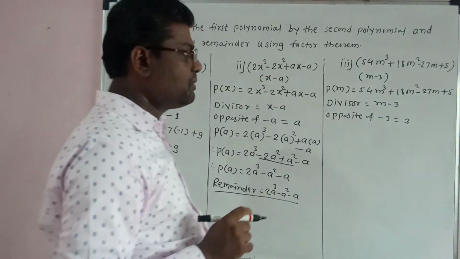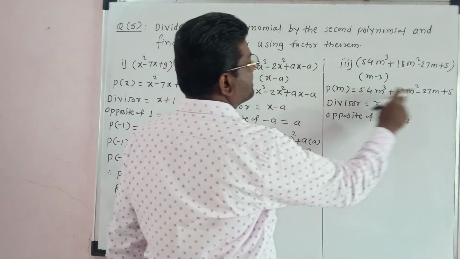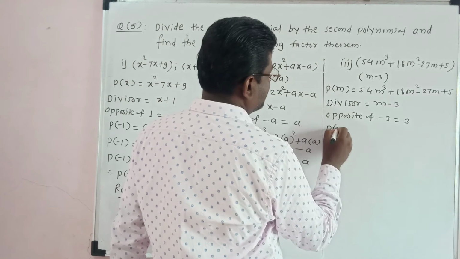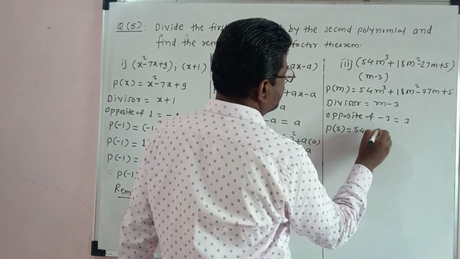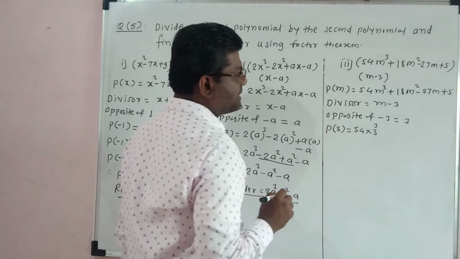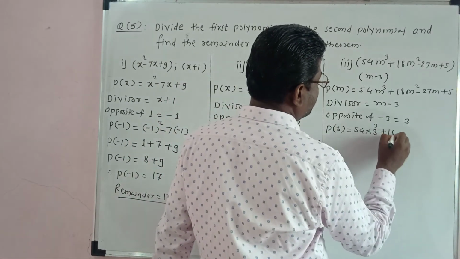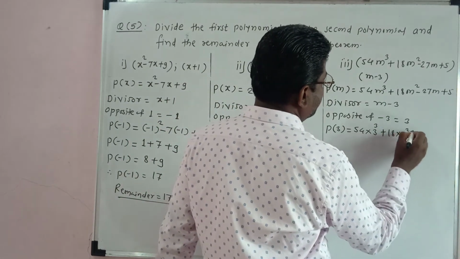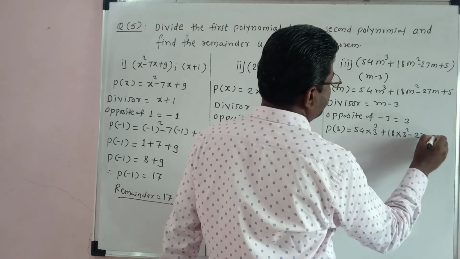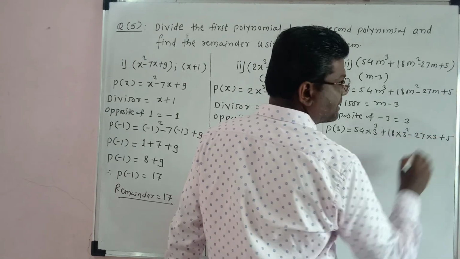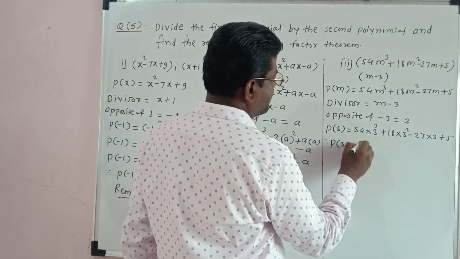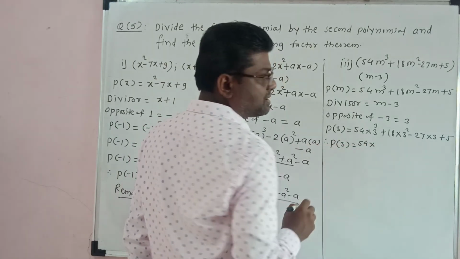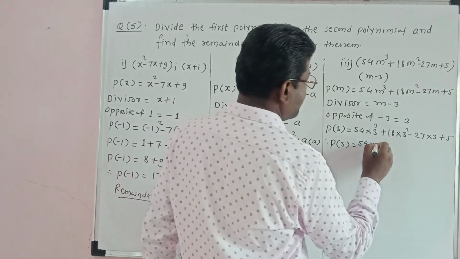So we put m is equal to 3 in this polynomial. So P of 3 is equal to 54 into 3 cube plus 18 into 3 square minus 27 into 3 plus 5.